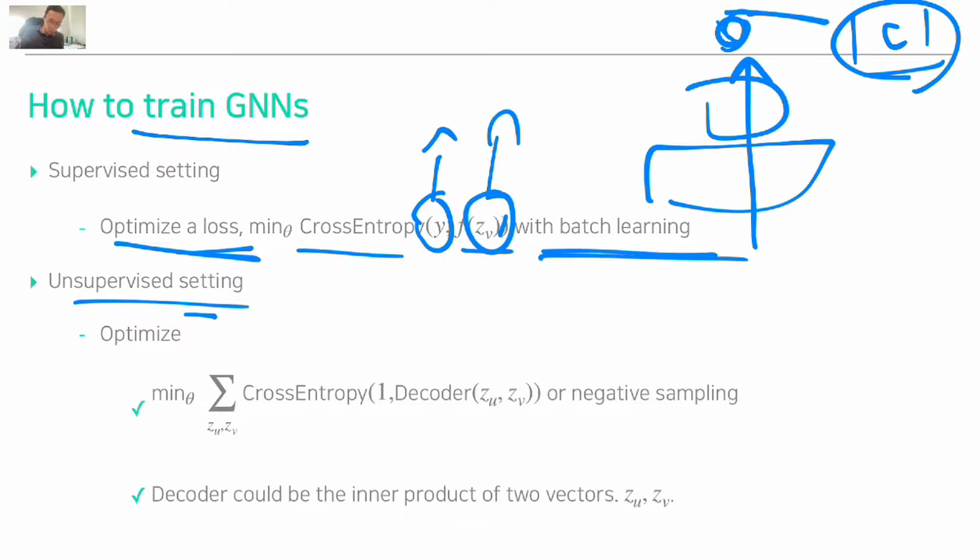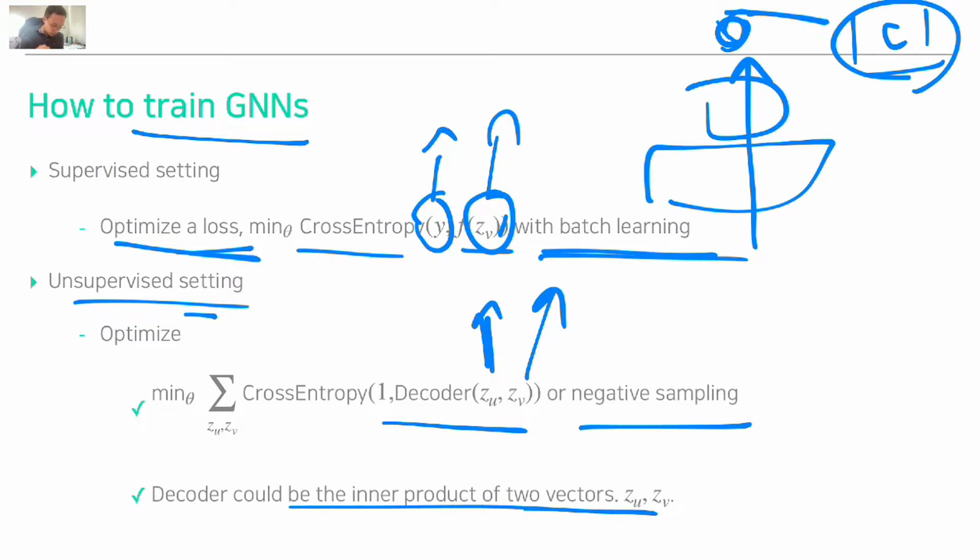Using the inner product, something like that. And we use the cross entropy, or we can use negative sampling. Exactly the same as the network embedding. So we have our own representation from GCN. We can use the same loss function as in the network embedding approaches. So the decoder could be anything. So this is the example.